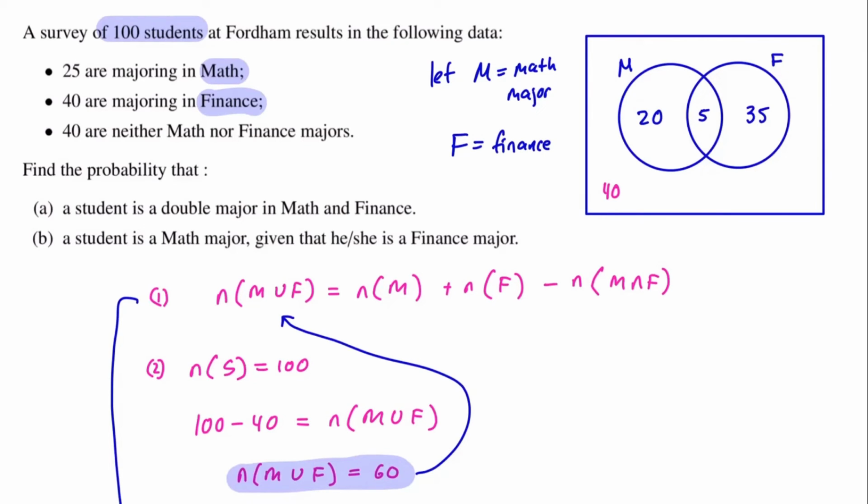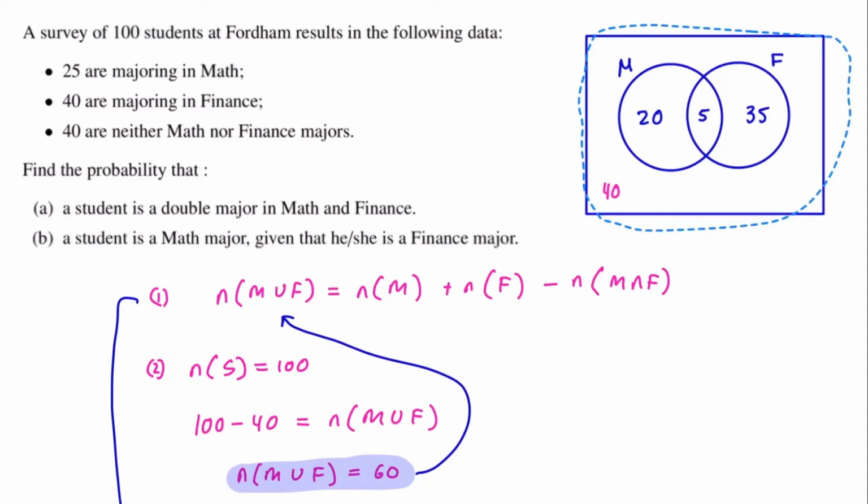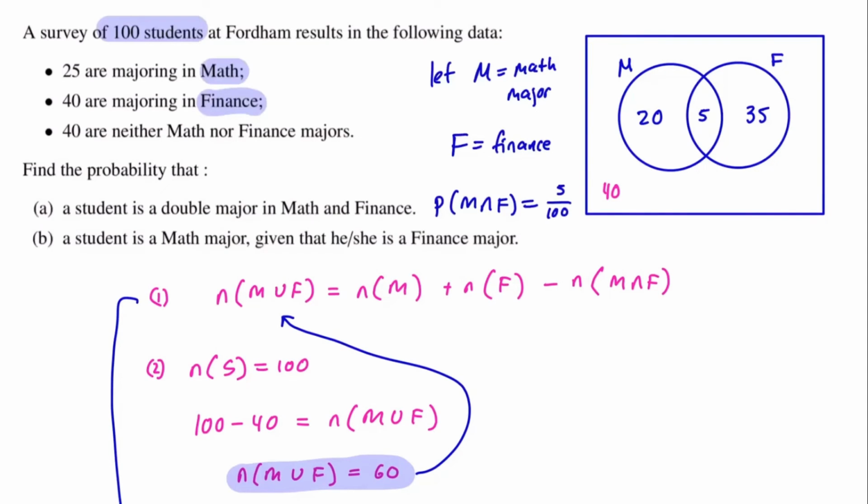So the probability that the student is a math major and a finance major is what's in the intersection, 5, out of our entire sample space, 100. So this will be 5 over 100, and if you simplify this, you'll get 0.05. That's the probability for the first part.